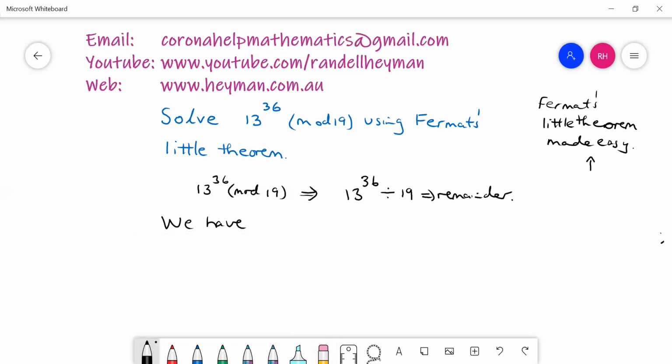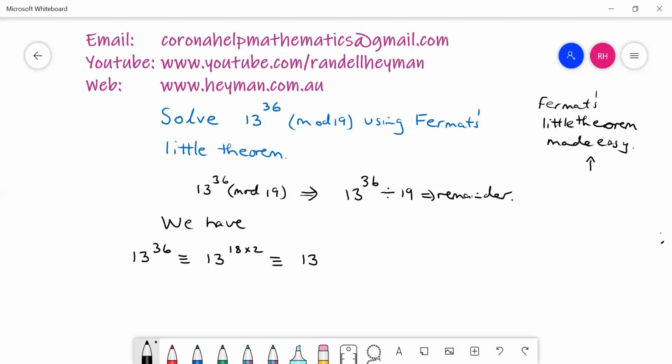We have, so I'm doing this all now modulo 19. So we have 13 to the 36. Well, that's equivalent to 13 to the 18 times 2, which I'm just using the power rules that you learned at high school, and they apply to modular arithmetic as well.